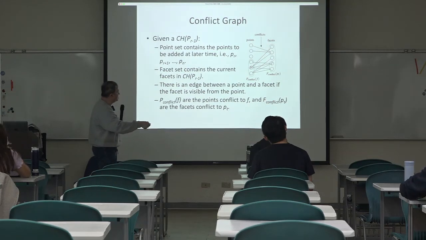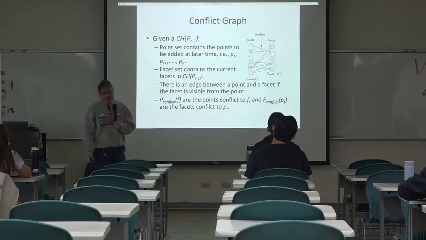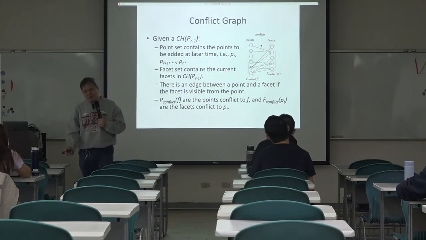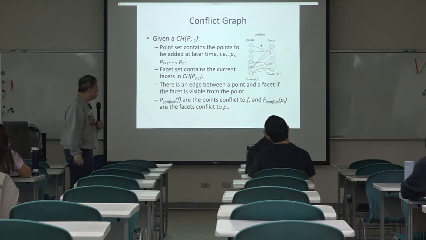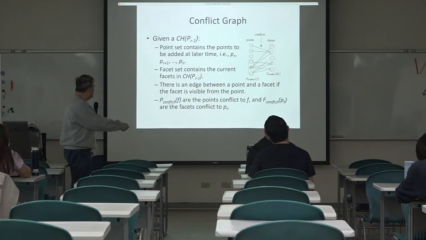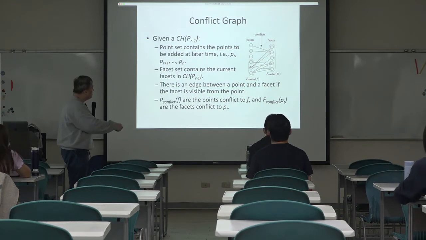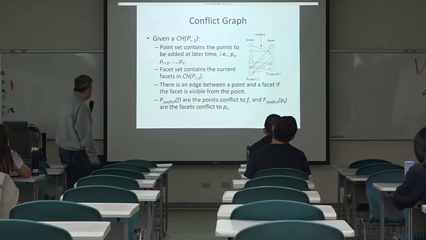But how about these newly inserted faces? They may conflict with other points that will be added at a later time. So what do we do about them? Now we have some new faces, and we need to determine if they have any conflict with the remaining point set.